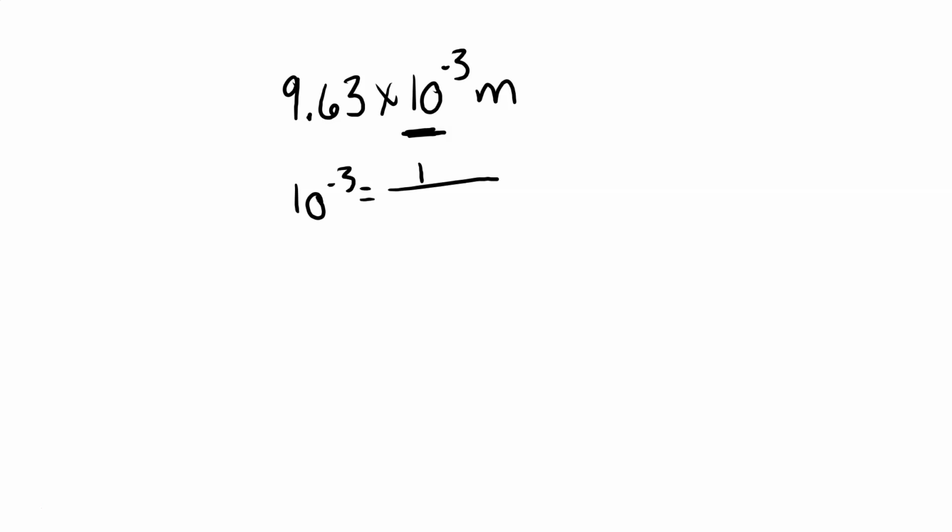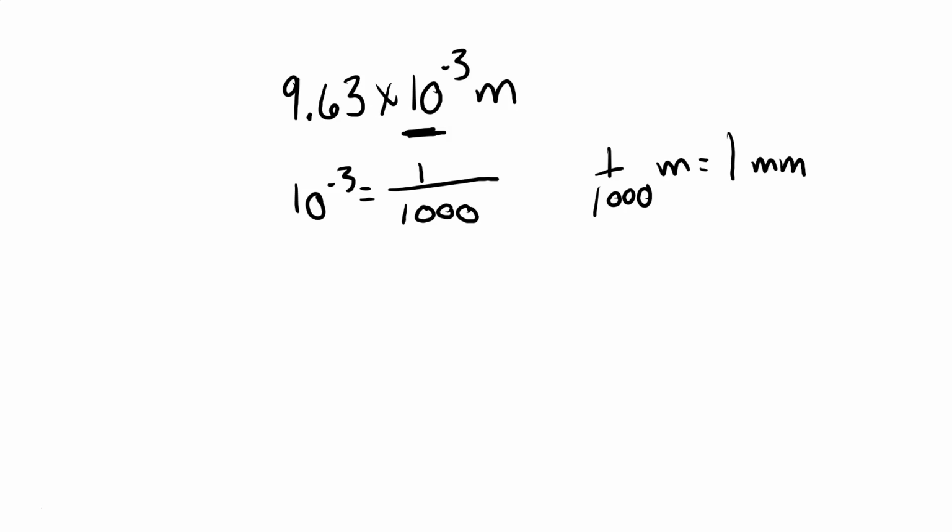Now, how do we connect scientific notation to the metric system? Suppose you had a number like 9.63 times 10 to the minus third meters. Remember, 10 to the minus third is the same as saying take 1 and divide it by 1,000. So a 1,000th of a meter is 1 millimeter.